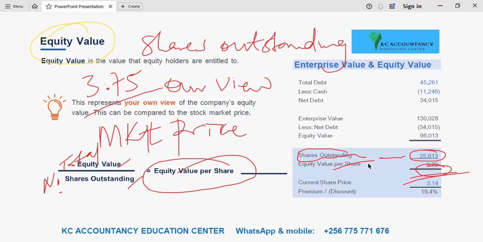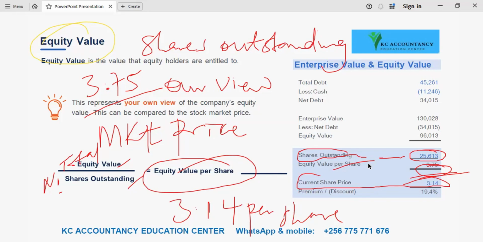We've seen that the current share price here was 3.14 per share.